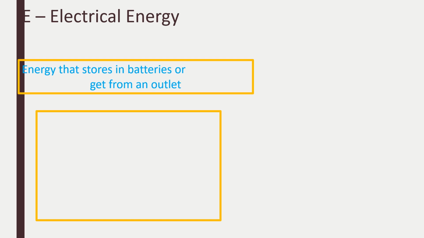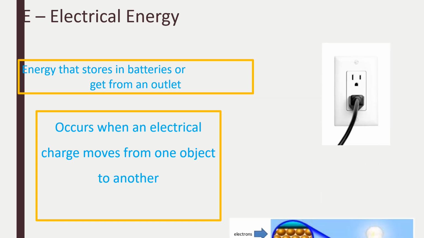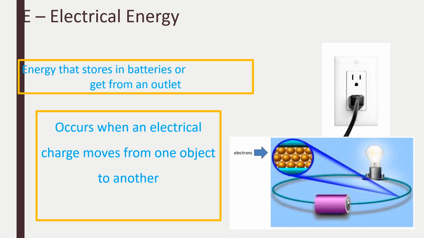E for electrical energy. Electrical energy is energy that is stored in a battery or gotten from an outlet. It occurs when an electrical charge moves from one object to another. For example, we have many devices that need an outlet to be charged.